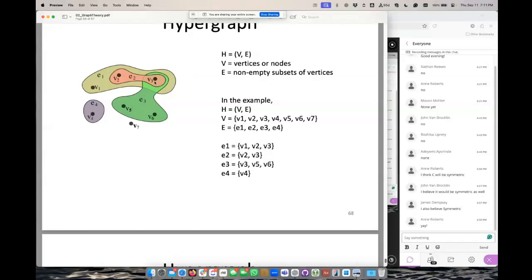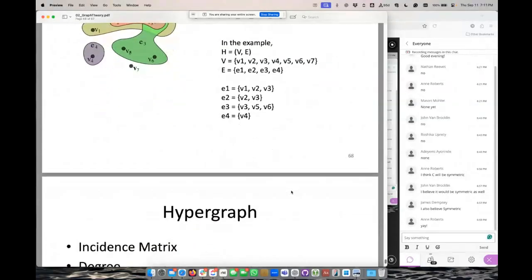So the degree for V3 is 3. For V6 and V5, both these nodes, the degree will be 1, right? Similarly, for V4, the degree will be 1 because there is only one relationship that V4 is engaged in, right? So again, here you're counting the number of relationships that you're engaged in.